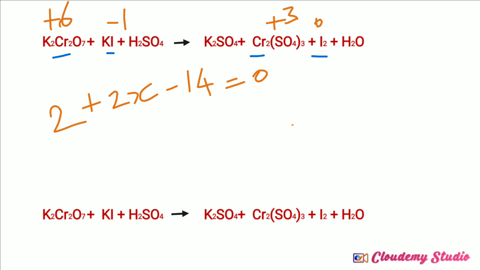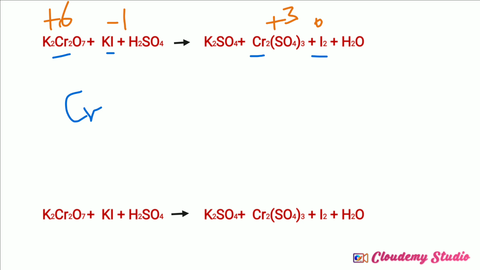Now we can find the decrease in oxidation number and the increase in oxidation number. The first one, chromium. Chromium oxidation number changes from plus 6 to plus 3.